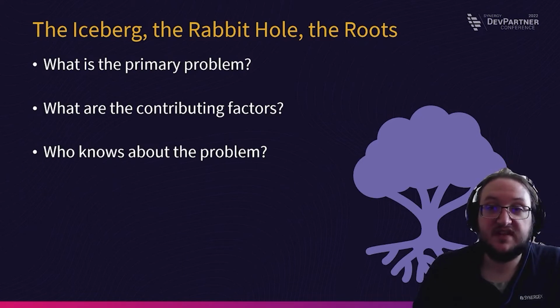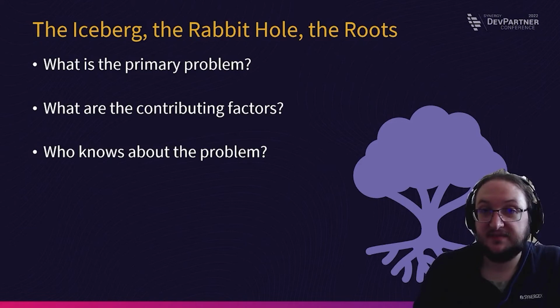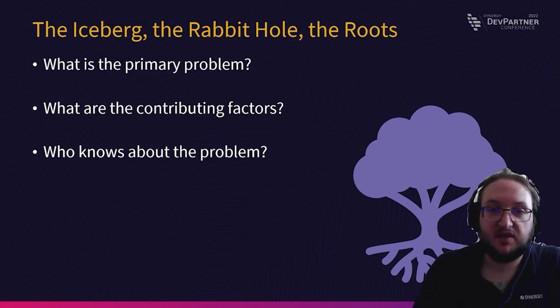We want to get to know the people who actually know the subject matter and ask them the tough-hitting why questions: why was it this way, what were the thoughts, what were the processes. Not in an accusatory way, but in a truly understanding way of why something is done the way it is, so we can get to the actual meat of the problem, down into the root of it all.